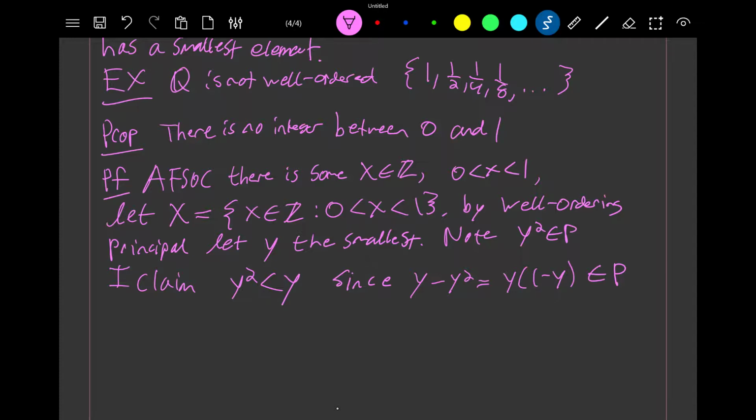And since y is smaller than 1, 1 minus y is also positive. So these are both positive, so their product is positive. So we have that y squared is an element of x, and y squared is less than y. But this contradicts y being the smallest.